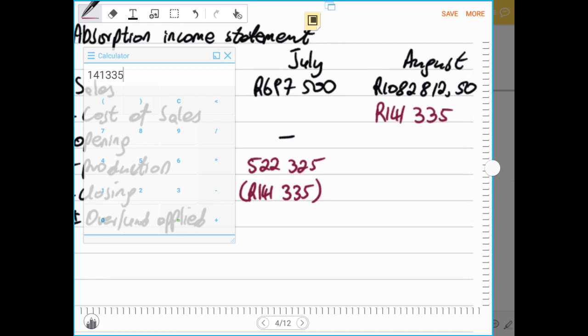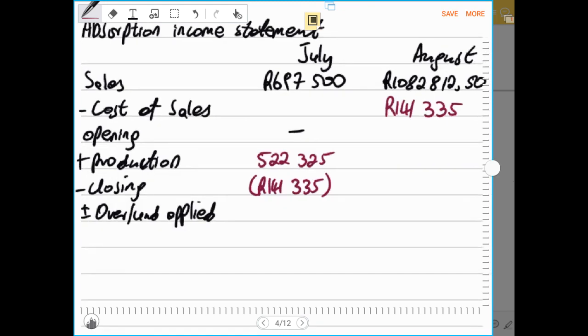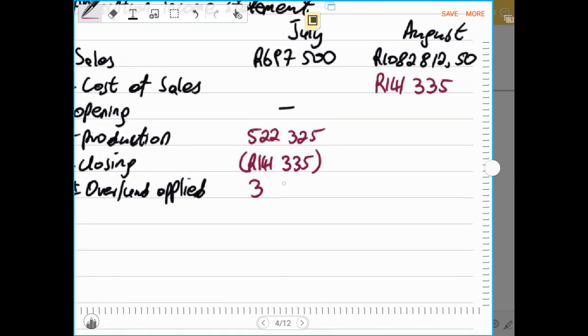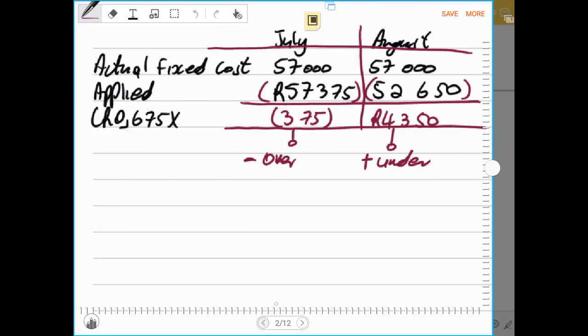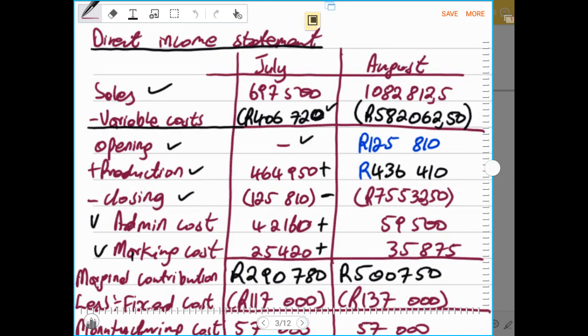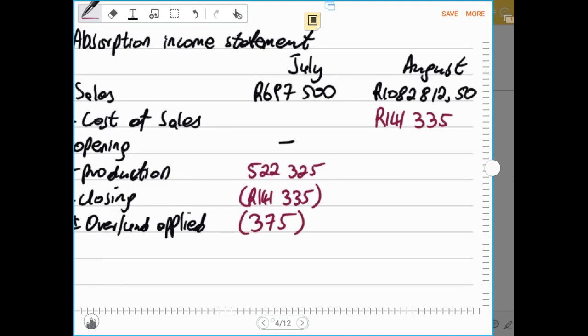141,335 rands. So now we have to take into account the over and the under, and remember we had 375 here, and we said that 375 we recognize as over, therefore now it will be negative. Why? Because our actual was less than the applied. So now we have over, and because of that we have to subtract the 375.